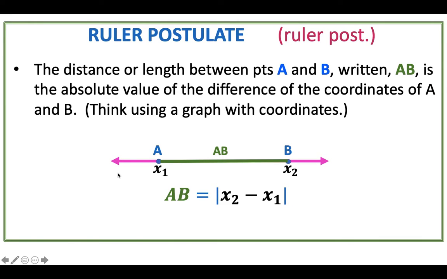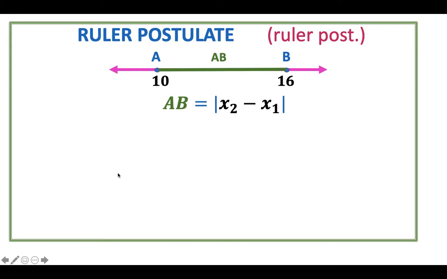Okay, so moving on. Let's say I'm going somewhere and I start at mile marker 10 and I end up at mile marker 16. Well, how far did I go? That's easy, right? We're just going to subtract the two. We've got 16 minus 10, but we could have just as easily done 10 minus 16.